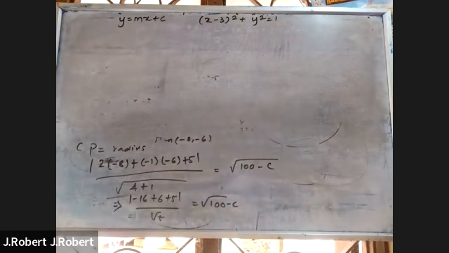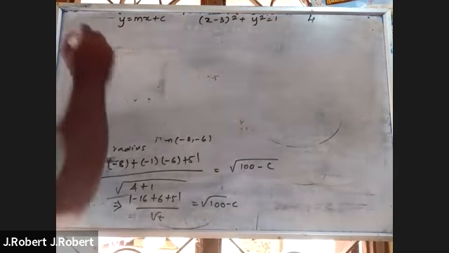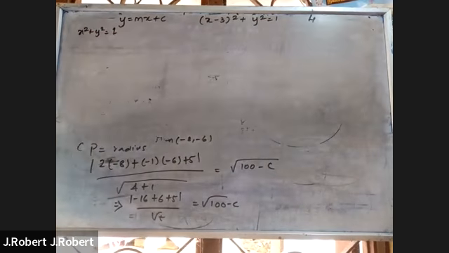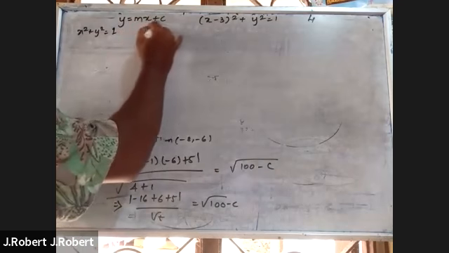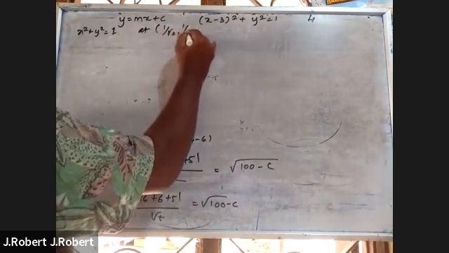and it is perpendicular to a line L1, where L1 is the tangent to the circle x square plus y squared equals 1 at the point (1 by root 2, 1 by root 2).